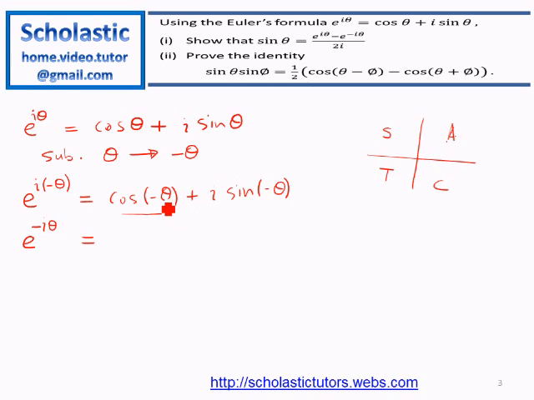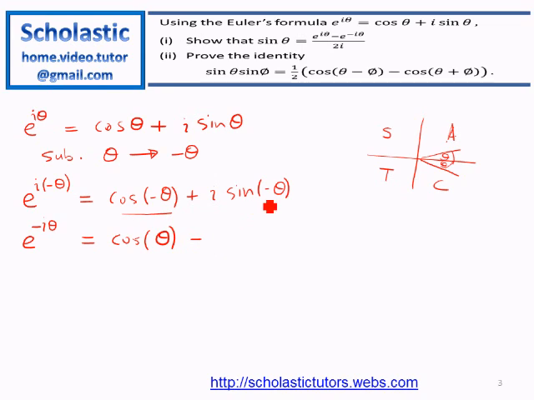So this is theta here, and if you take negative theta, it lies in the fourth quadrant. Cos is positive there. So cos negative theta is positive. Therefore we write cos negative theta equal to cos theta.